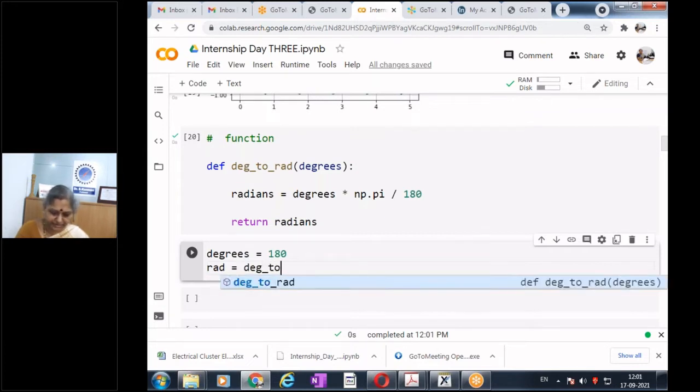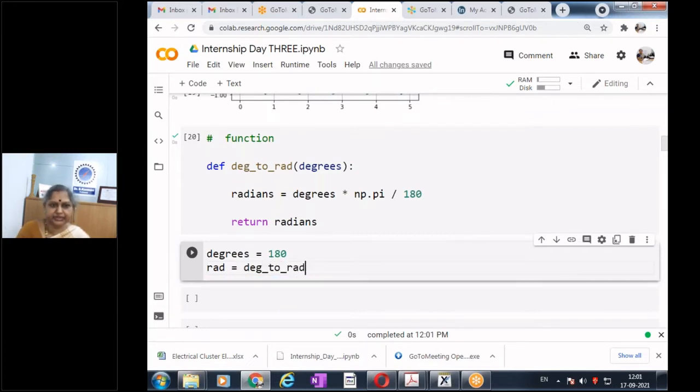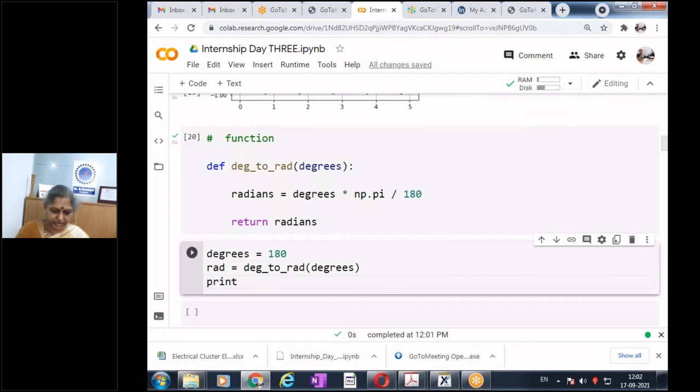Degree to radians, and I need to give my input as degrees, and then it needs to print the result, and that is in radians. So I'm taking my degree as 180 degrees, and then I am calling my function which I have defined, degree to radians, giving the input as degrees and getting the output as radians, and I want to see the result.